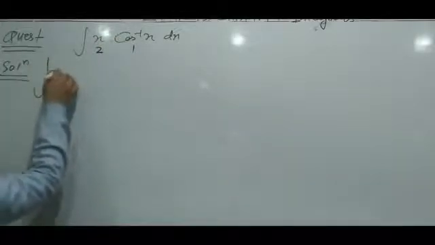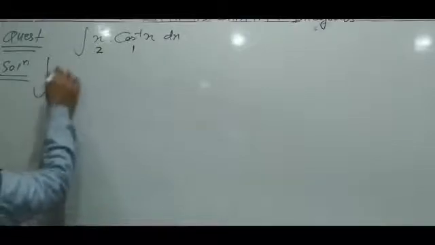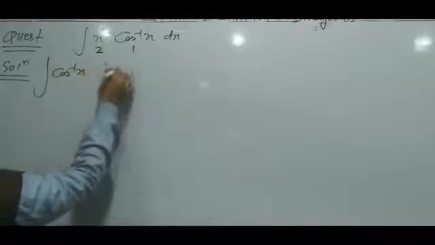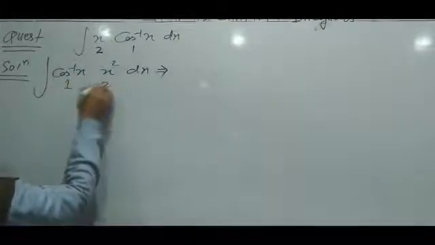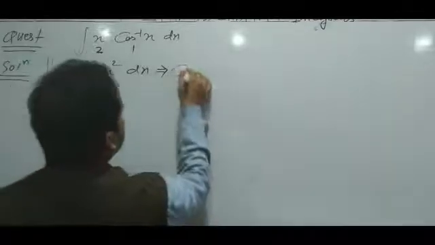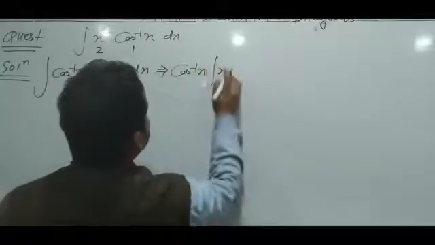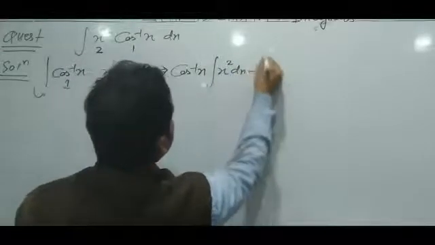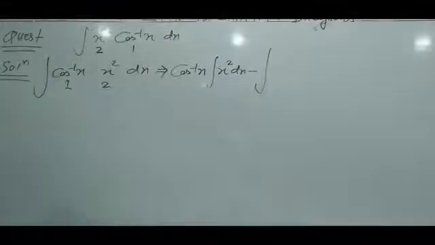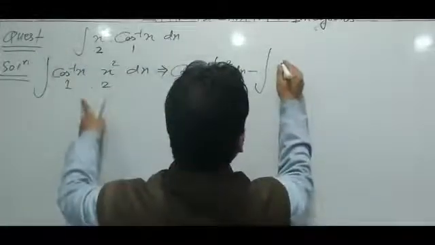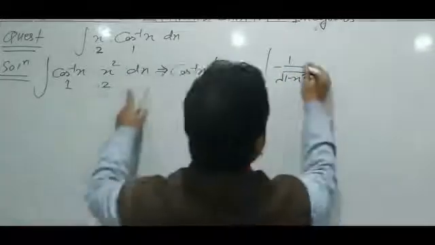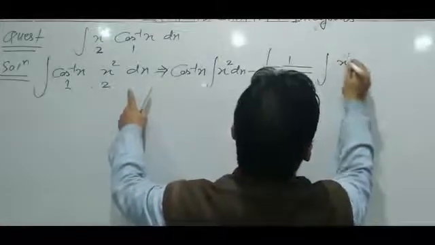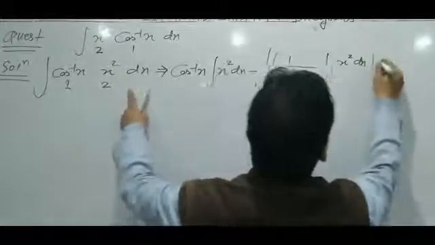So integration of cos inverse x into x square dx is equal to first function into integration of second function, minus integration of the derivative of the first function, that is minus 1 upon root over 1 minus x square, with integration of x square dx, and now whole dx.